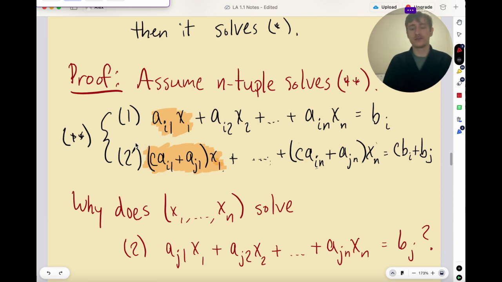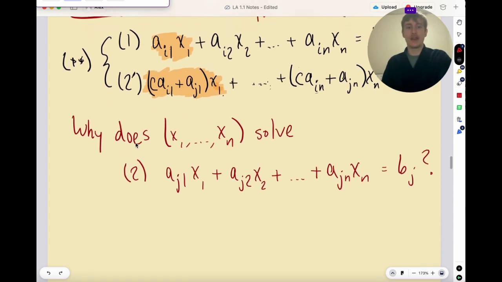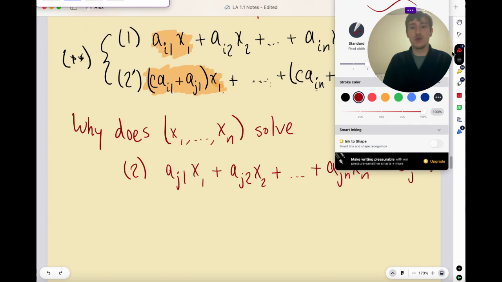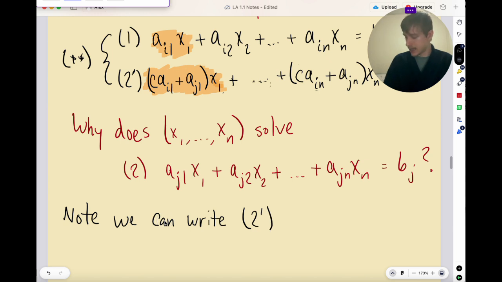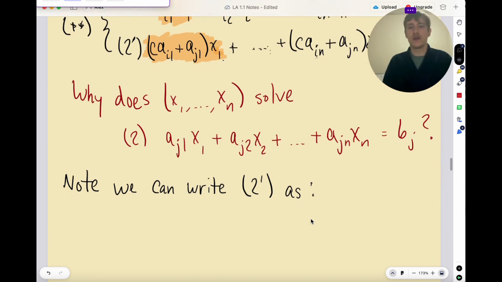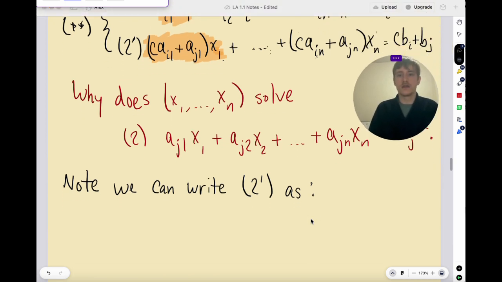And the answer to that is the fact that I can write 2 prime in kind of a special way. I can rewrite it as follows. If we look at equation 2 prime, I'm going to break that up as follows.